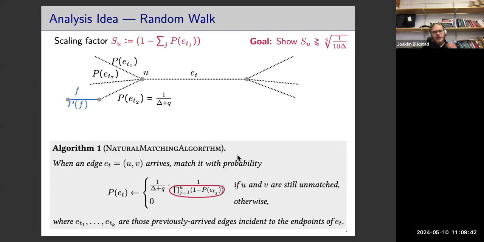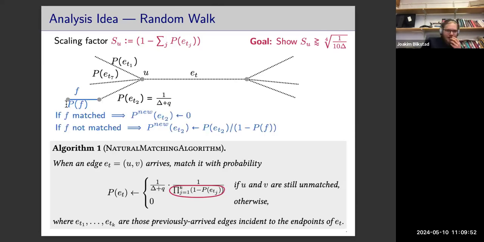So let's look at what happens when some edge over here arrives, some edge f. It will have some probability p_f of being taken. It's not super important what this probability is, because we look at the cases here. If f is matched, then this p of e2 value will become 0. Again, these dotted edges have not arrived yet, but we can still talk about them in the analysis.